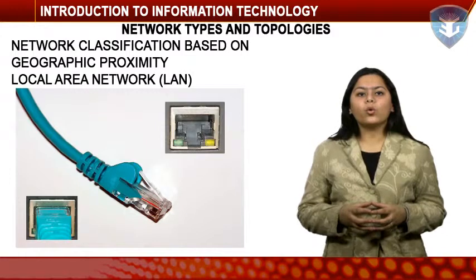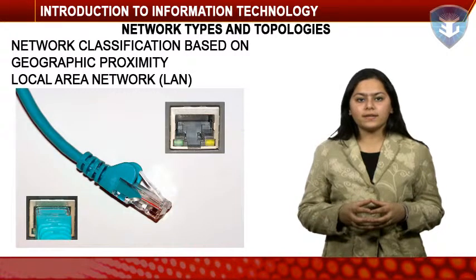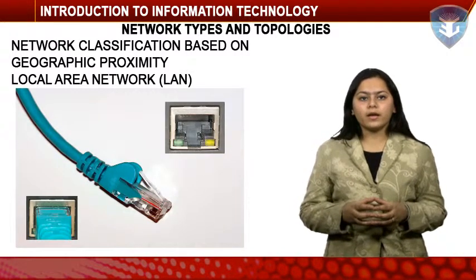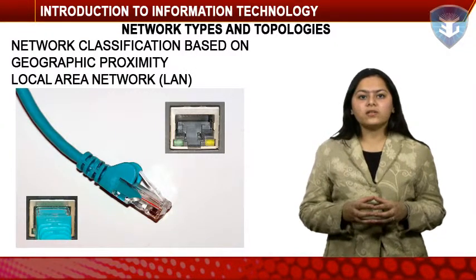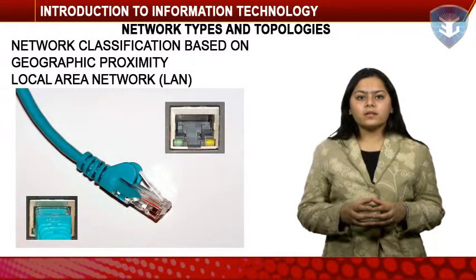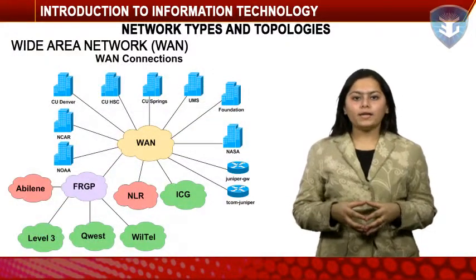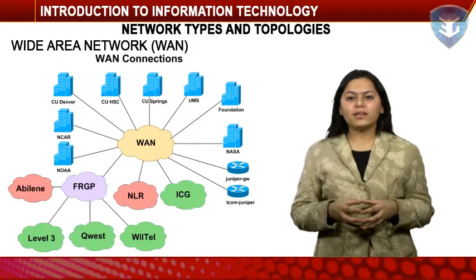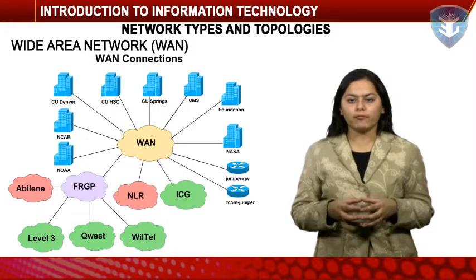It is still a local area network because the network is managed by and belongs to a single organization and the distance separating the hosts is relatively small. This is called an internetwork, but it is still a local area network. Wide area network, WAN. It is also possible to have a computer network where the networks and the hosts are very widely distributed geographically.